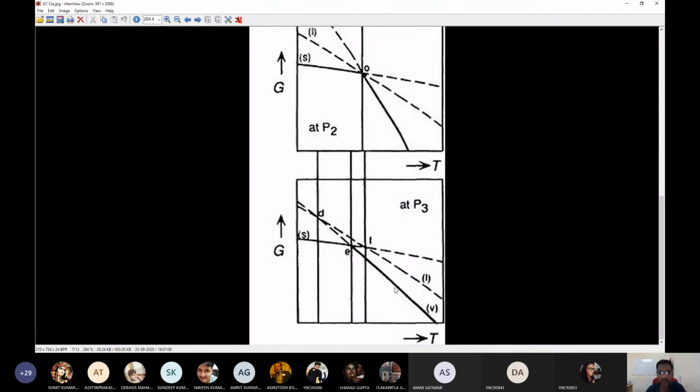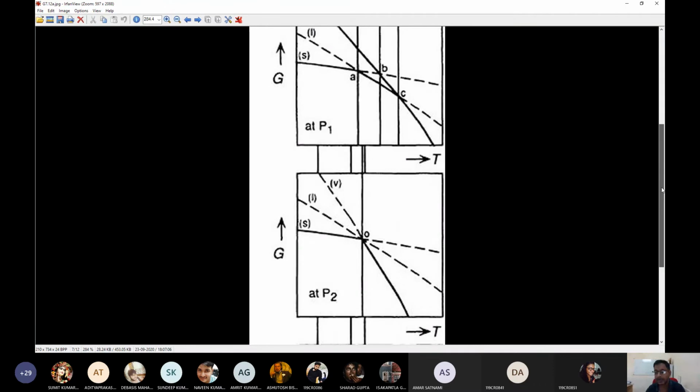You extend the free energy line of liquid phase. This is the free energy line of the vapor phase, and they are in equilibrium at point D, but that would still be a metastable equilibrium because this is the range, the primary phase field of the solid phase.